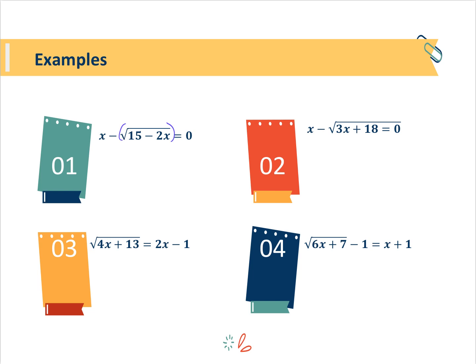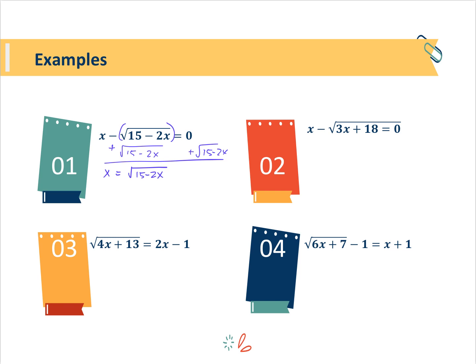We're going to want to get the square root of 15 minus 2x by itself. I'm going to add the square root of 15 minus 2x to both sides. So that's going to leave me with x equals the square root of 15 minus 2x.